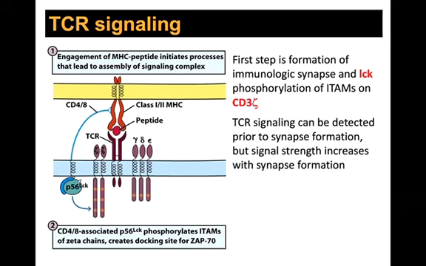So the first step is that once this recognition occurs, LCK will start phosphorylating the ITAMs here in orange on the T cell associated proteins. Now the main ones are the TCR zeta, right?